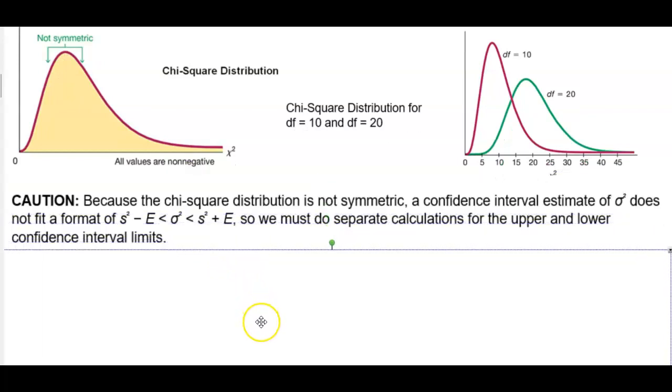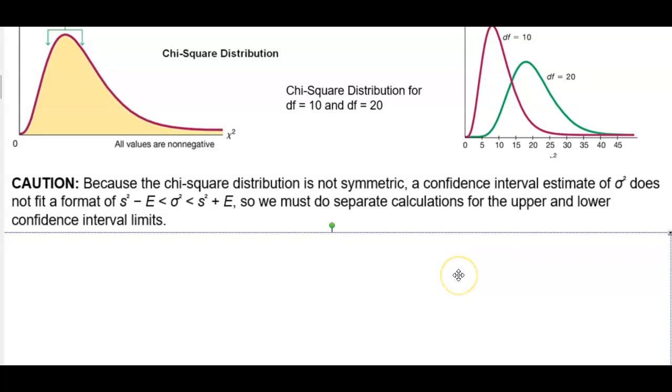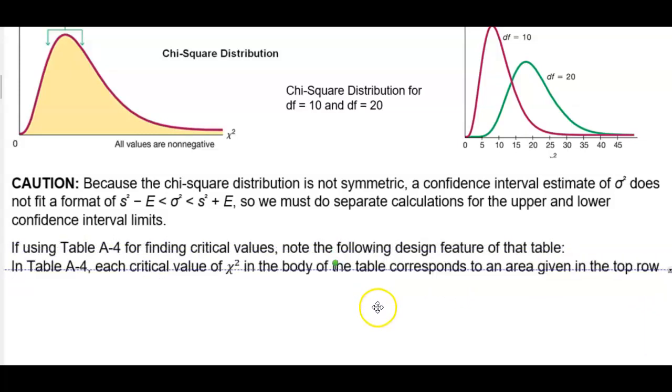Now, caution. Because the chi-square distribution is not symmetric, a confidence interval of the population variance does not fit the format of the sample variance minus the margin of error and the sample variance plus the margin of error. So we must do separate calculations for the upper and lower confidence interval limits.